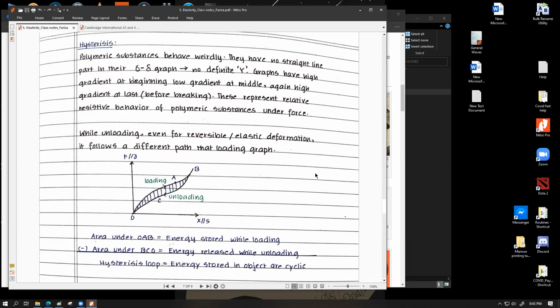Cyclic means it will undergo elastic deformation always.